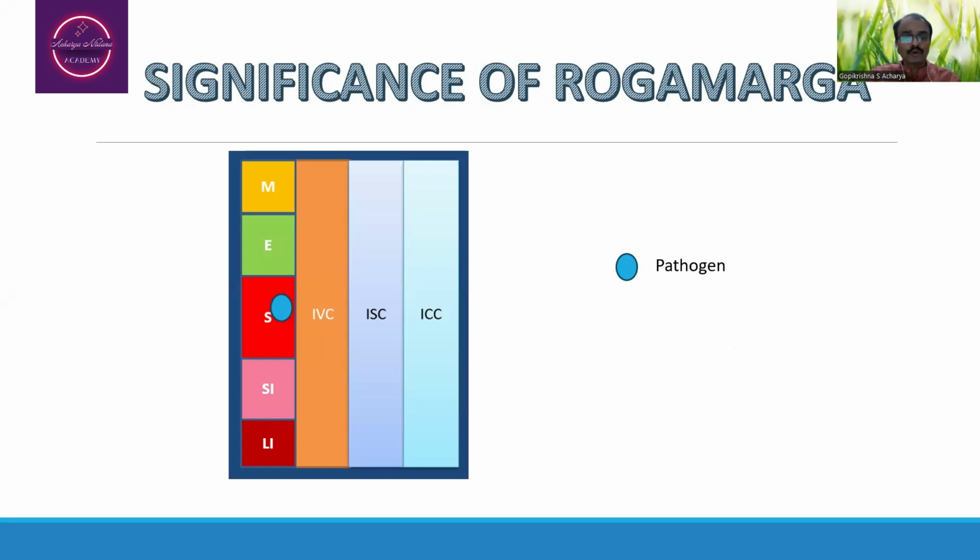Why do we need to know about the Rogamarga? Suppose there is a Nidana, what we can say the pathogen, in this particular occasion that is only being observed in the stomach itself. In that situation, the ideal way of removal of this pathogen will be through medicated emesis, or what we can say Vamana.